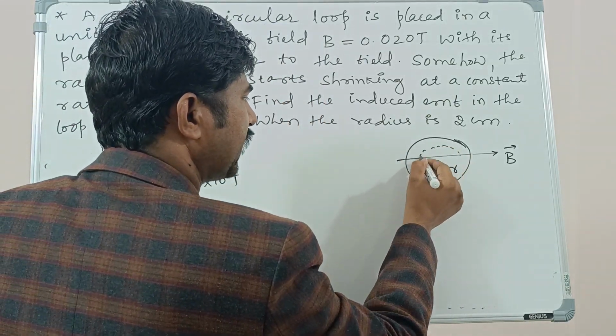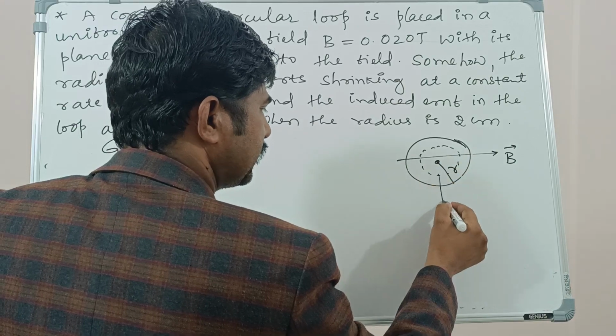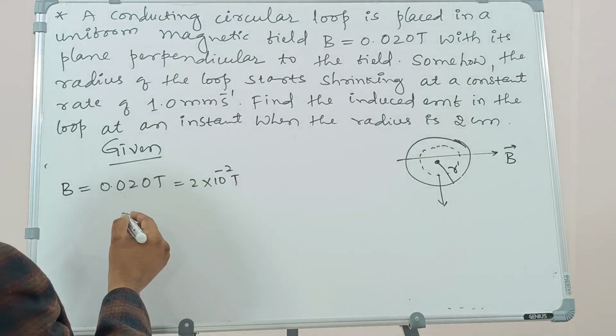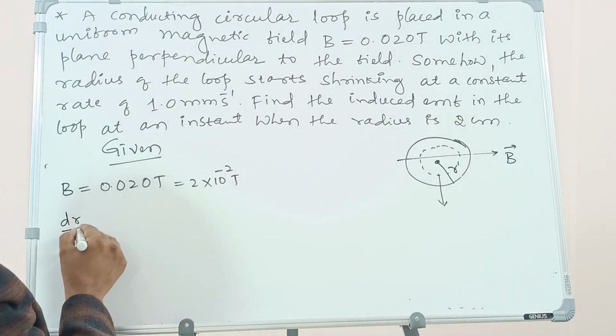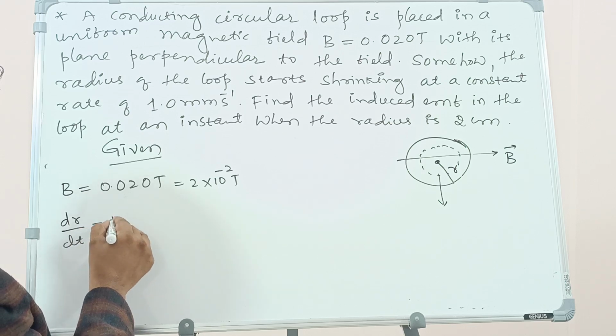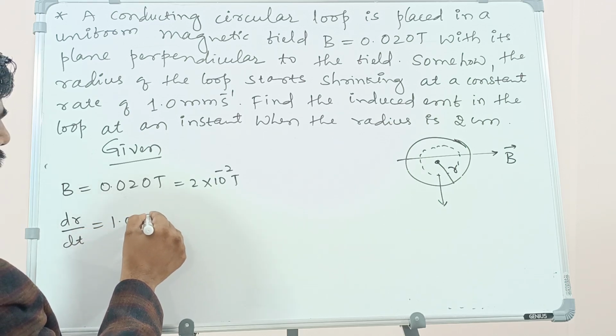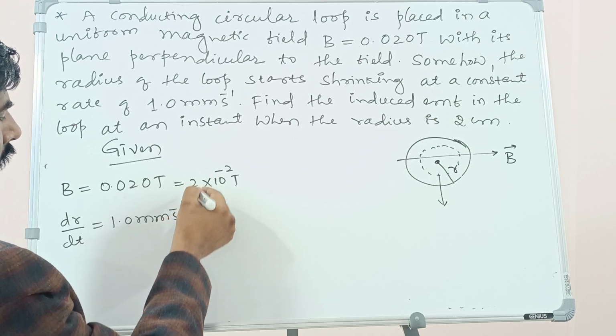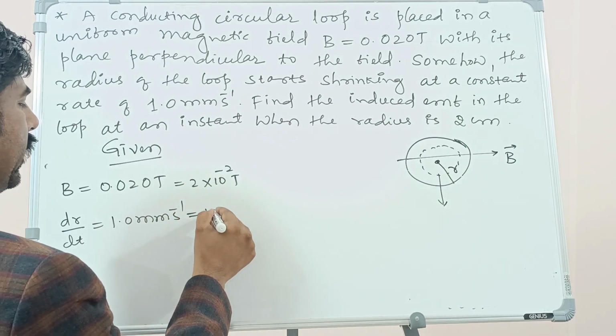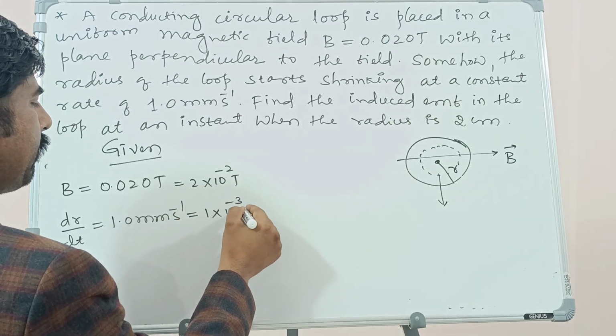When it is shrinking, its size decreases, so it shrinks at a rate of dr by dt. Shrinking at a rate of 1.0 millimeter per second means 1 into 10 power minus 3 meter per second.